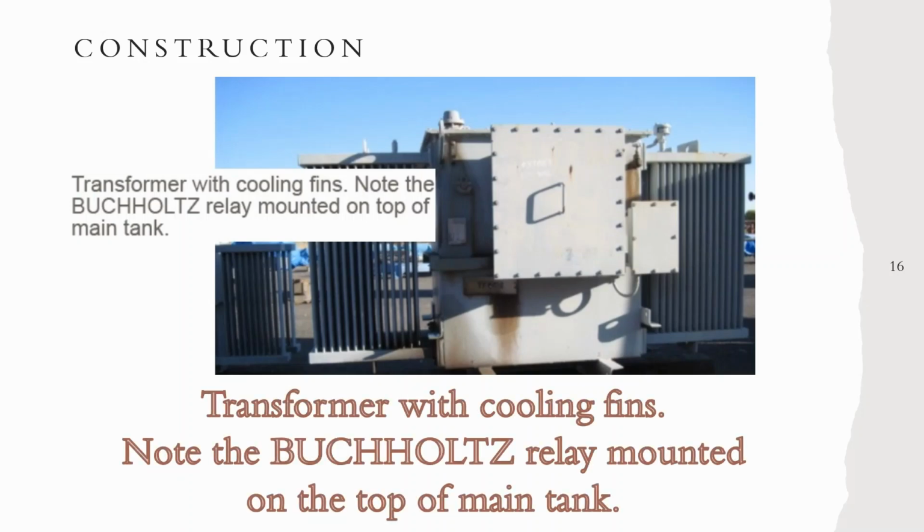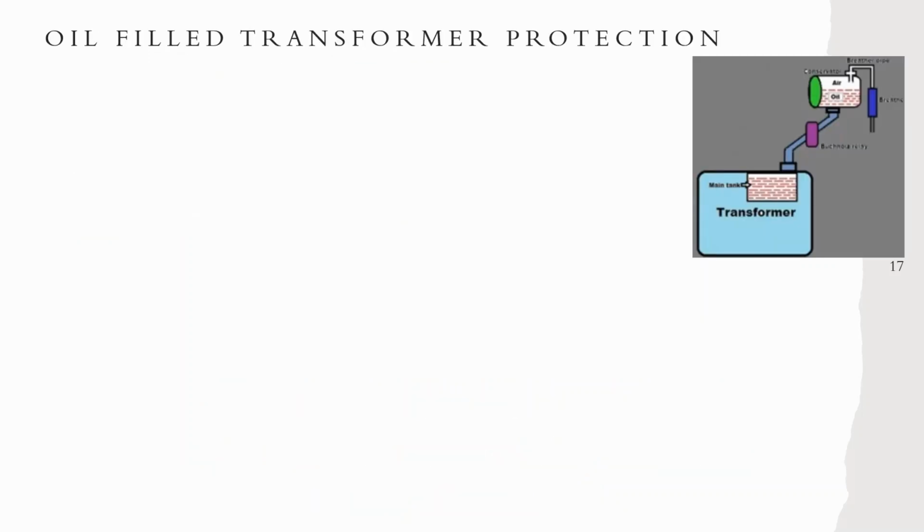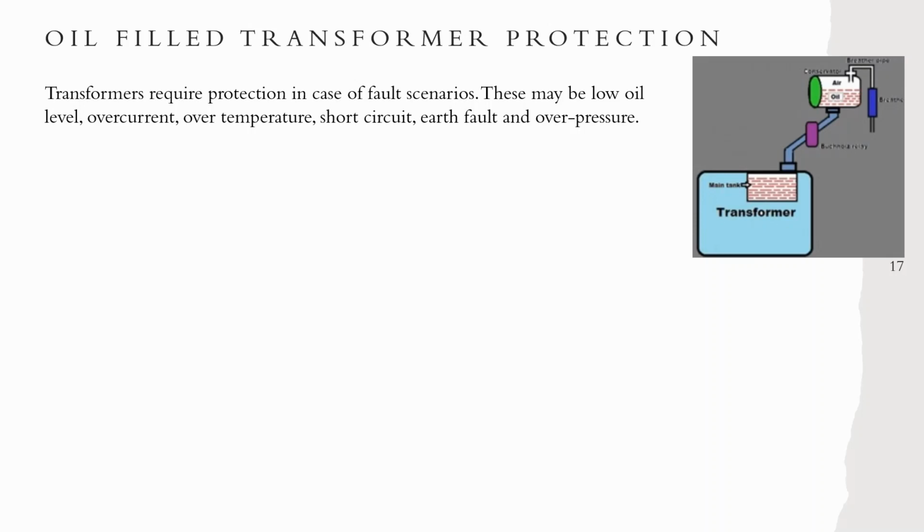Then this is our transformer again. Note the Buchholz relay mounted on the top of the main tank. So as you can see, the Buchholz relays. So we have a lot of relays there. Okay. Then oil filled transformer protections. A transformer requires protections in case of fault scenarios.